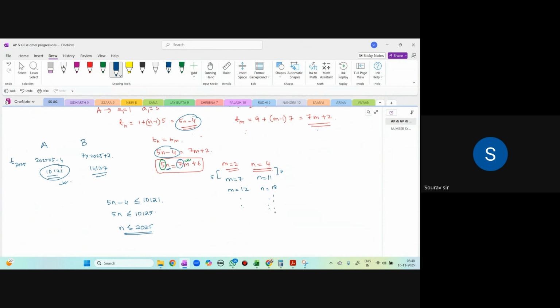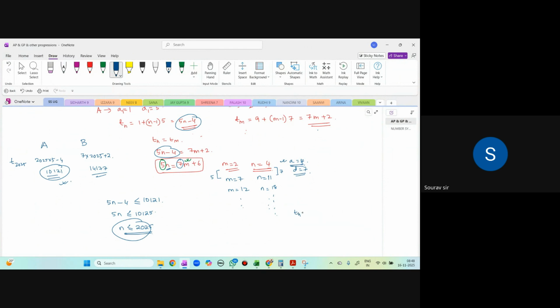Now look at this series. This series is starting with 4, so a is 4 and b is 7. So I have an AP which has a first value of 4 and common difference of 7, and the nth term has to be less than or equal to 2025.